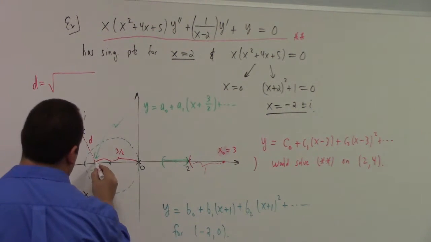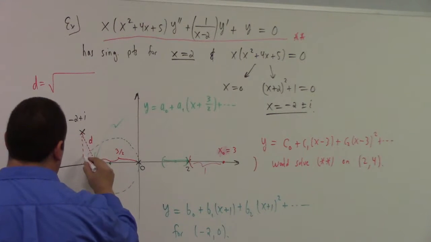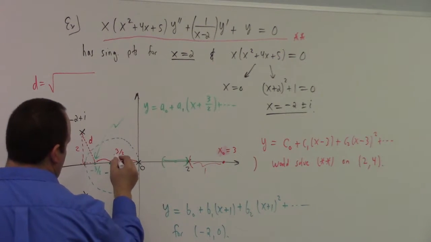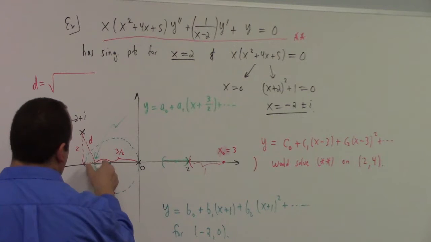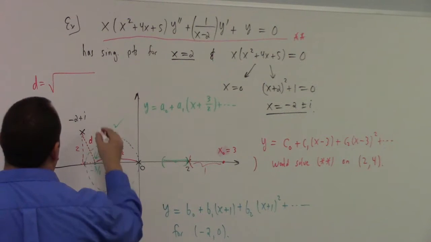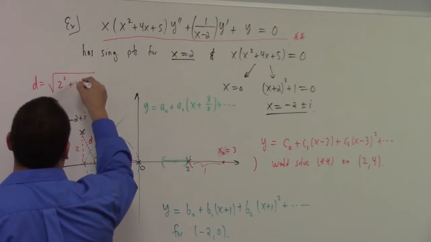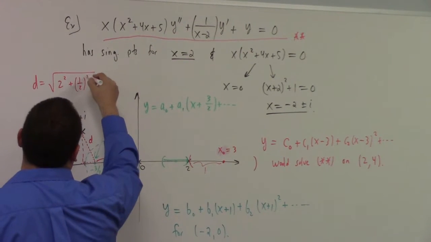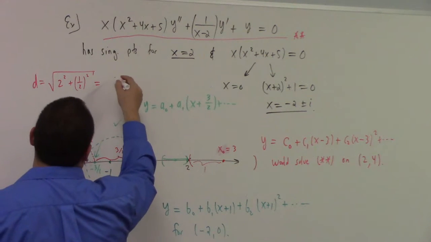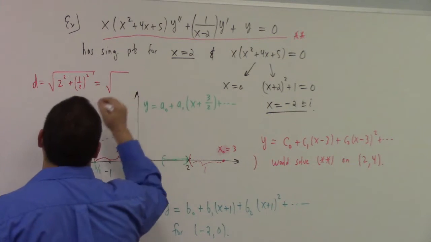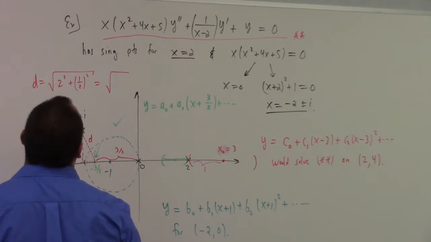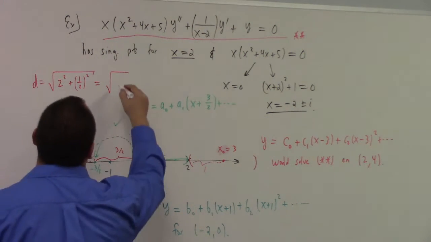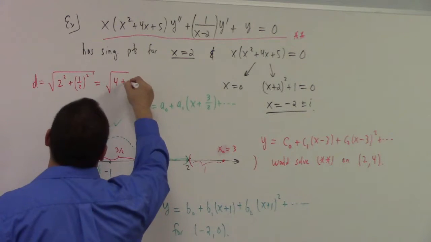So what's the distance here? Let's see here. There's a little triangle, right? You can draw the height of the triangle too. And what's the base of the triangle? 1/2, right? So I do 2 squared plus (1/2) squared, Pythagorean theorem. So that's the square root of, what is that? 4 plus 1/4.